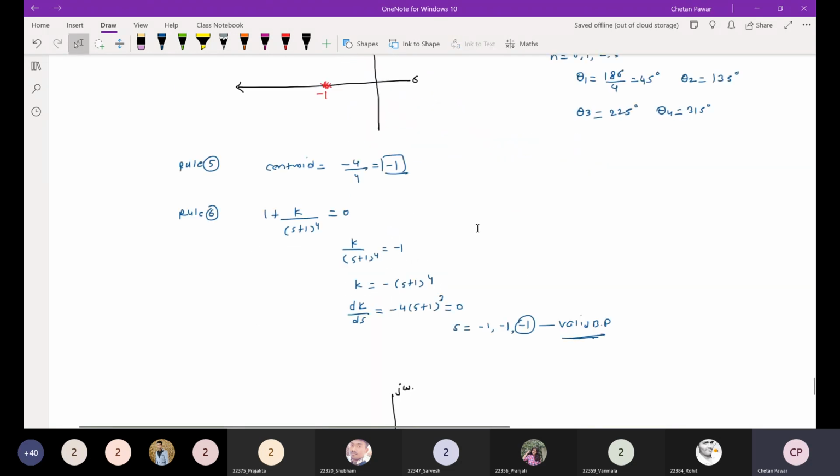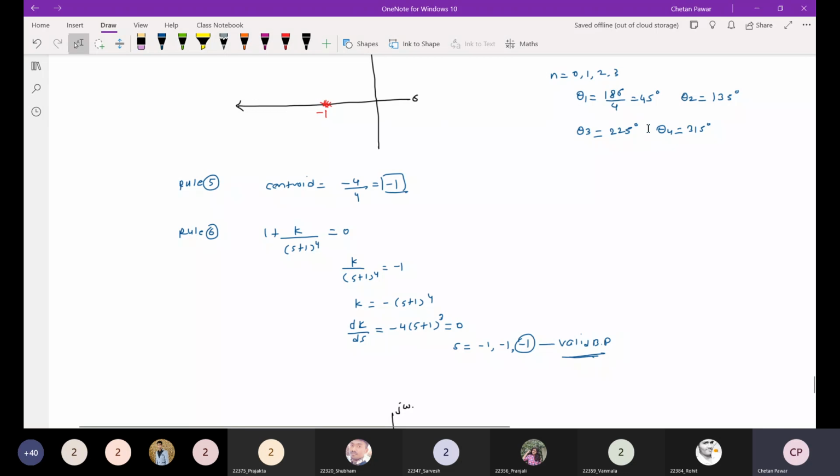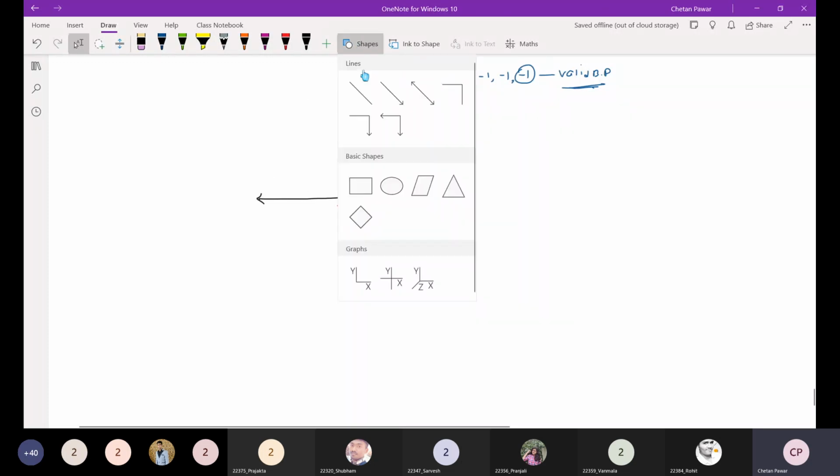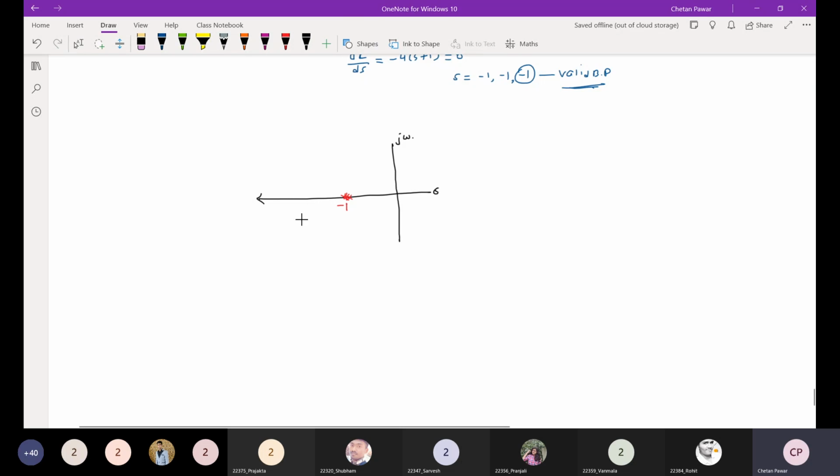So what is the angle of asymptotes? 45 degree, 135 degree, 225 and 315. And what is the centroid? Minus 1, where the asymptotes meet. So here there are poles at minus 1 and the centroid also is at minus 1 only. So we just draw the asymptotes.